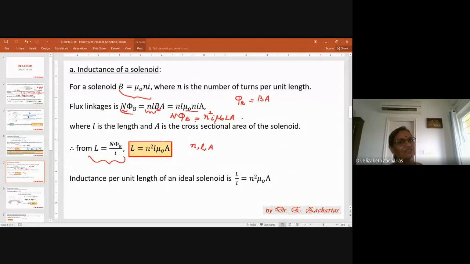Length of which capacitor? Do you remember that? Cylindrical capacitor. And there I gave you the example of the cable which comes to your TV set. Those are cylindrical capacitors. Similarly, when you're talking of inductors also, you can talk about inductance per unit length. So this expression you got.